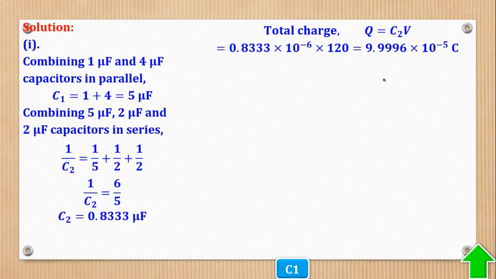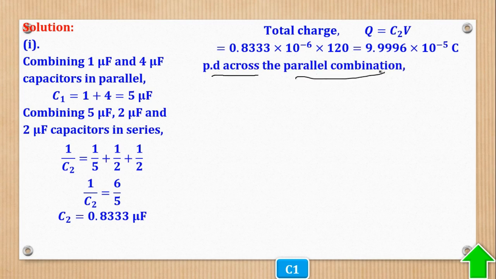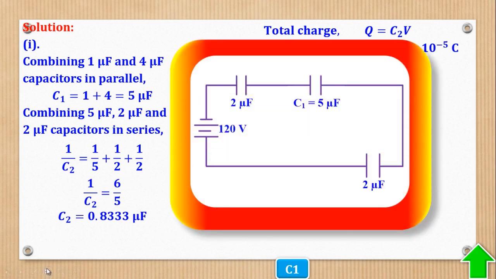And now that I know the total charge, it implies that I can get the PD across the parallel combination, because if you look at this parallel combination, the charge across this will be the total charge, because the one which comes from here goes through here, goes through there, and also goes through there.